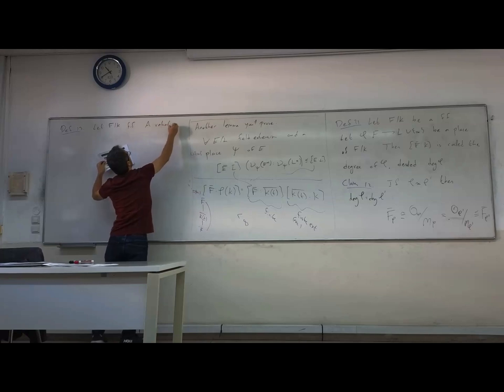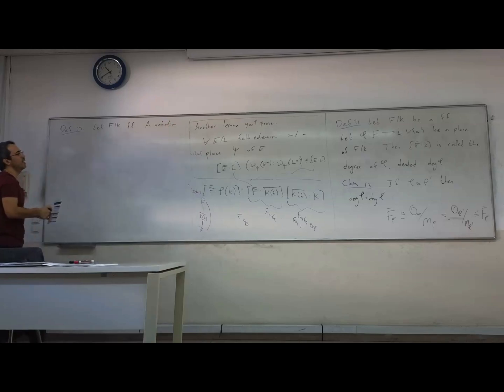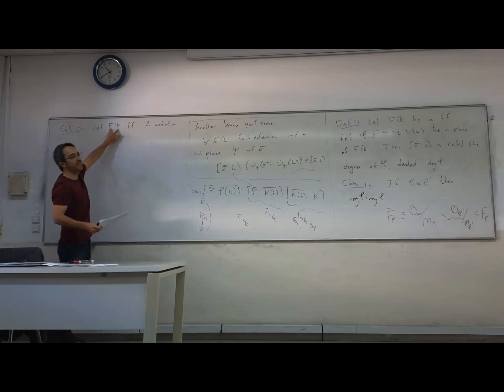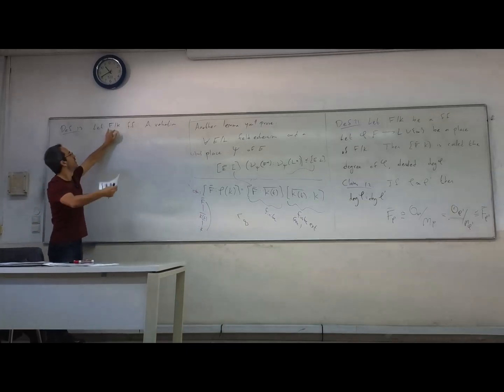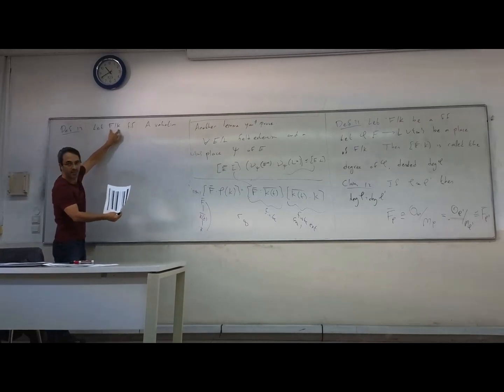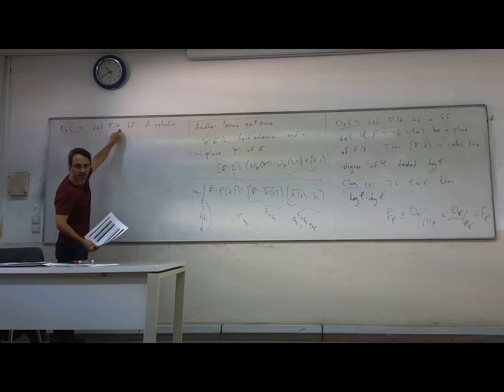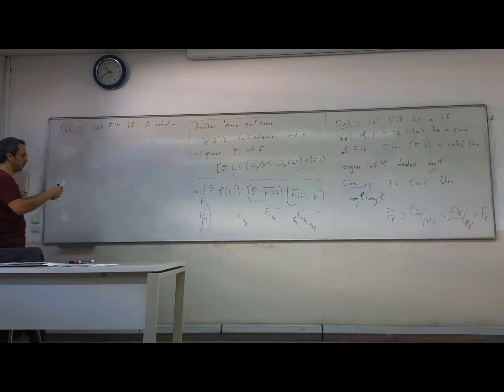I'm kind of importing everything, places, valuations, etc., to function fields and field extensions, whereas we define them for fields. So I just want to put everything in the context of a function field. Okay, so for places, it's a place of f, which is non-trivial on f, and it's trivial on k. And I want to do the same here for valuations and so forth.